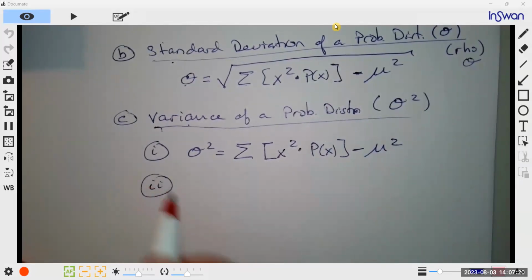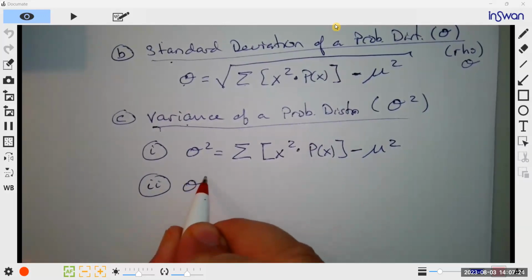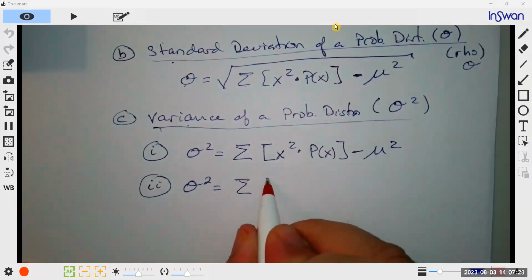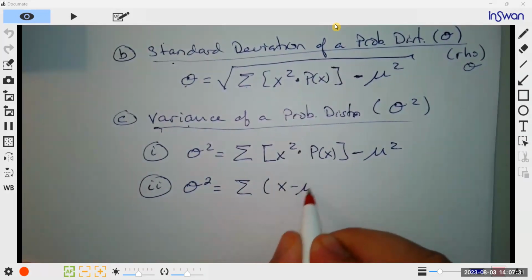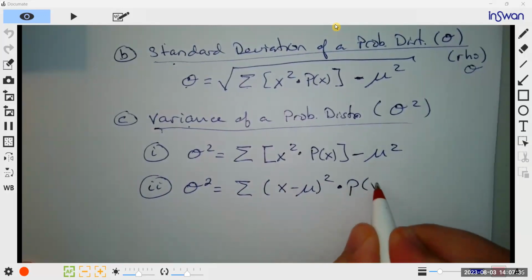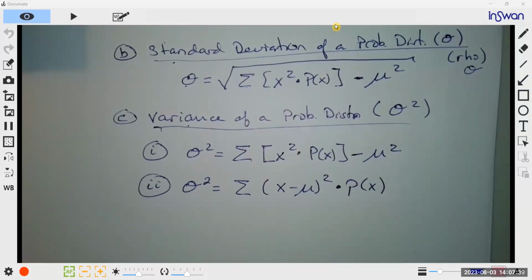Or there's another one we can use. Rho squared equals summation of x minus mu squared times p of x. And this one's difficult because we have to first find the mu. Then we have to take each one separately, subtract them.